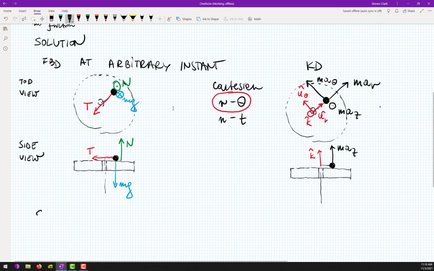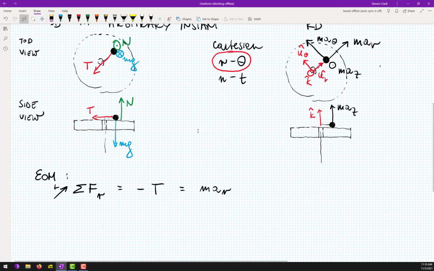So now EOM. Since they ask us to find T, I would go for the sum of forces along the R direction. So I think that the sum of forces along this direction is only minus T, and this is equal to MAR. That's all. There are no other forces acting along that direction.